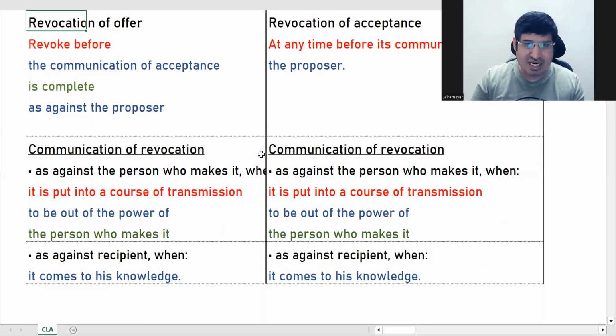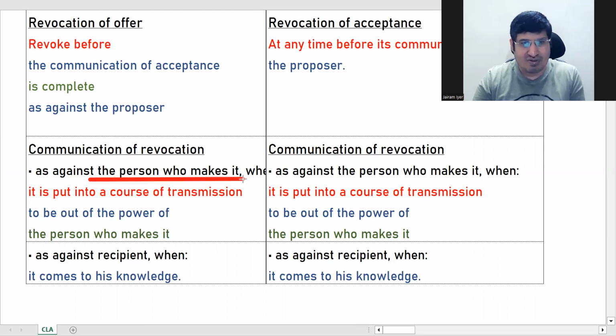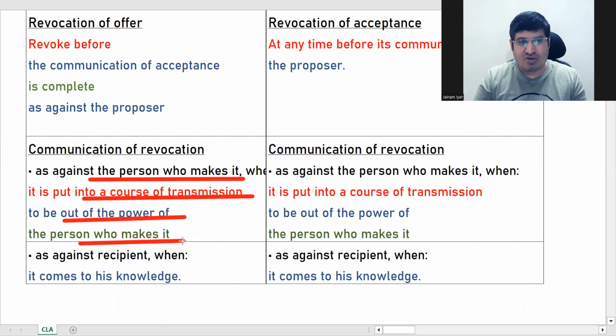If we see this again in detail, communication of revocation of offer as against the person who makes it, if the offerer is revoking, when it is put in a course of transmission to be out of power of the person who makes it. Sorry, I got it a bit wrong here.